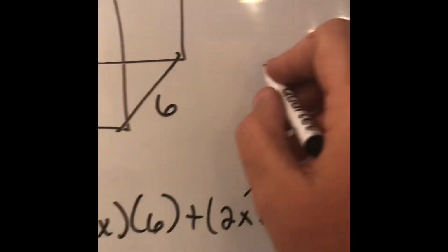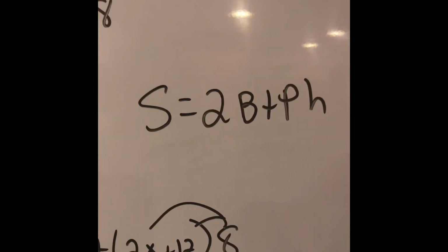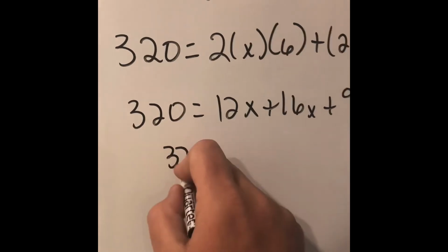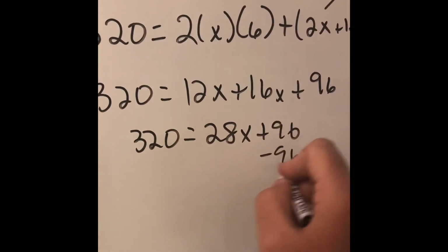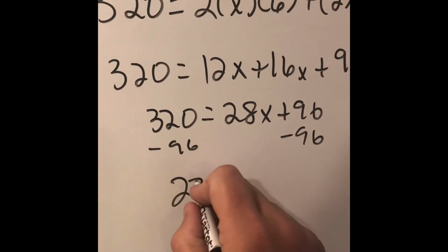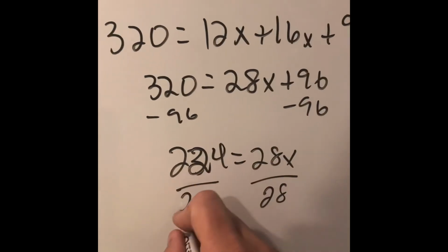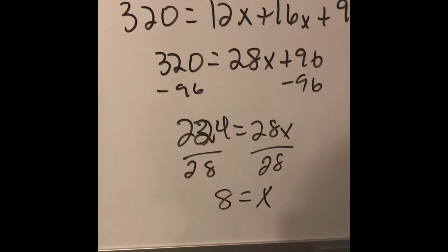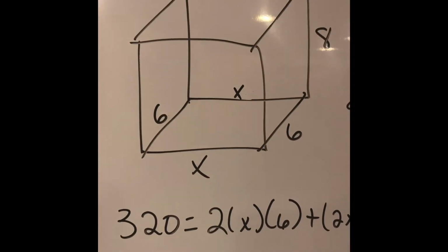Remember, we're doing this as our formula. So 320 equals 28x plus 96. When we subtract 96, we get 224 equals 28x, and when we divide by 28, x is going to equal 8. So 8 is our missing side in our prism.